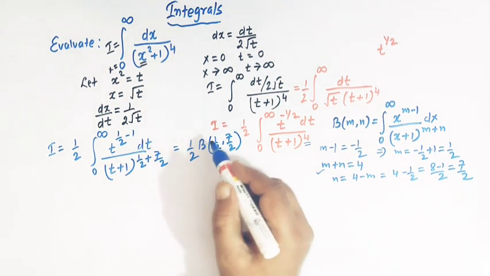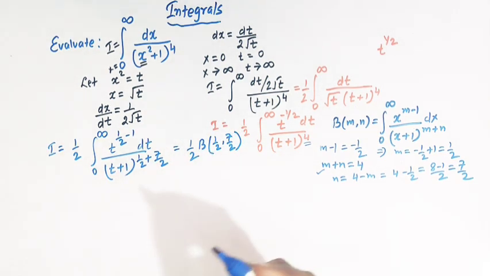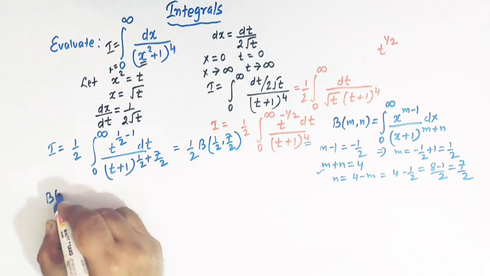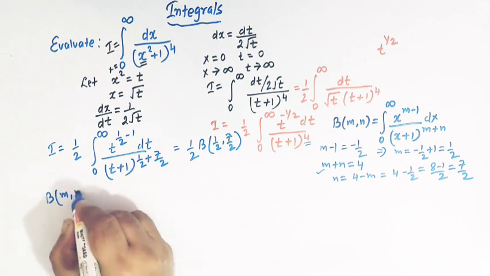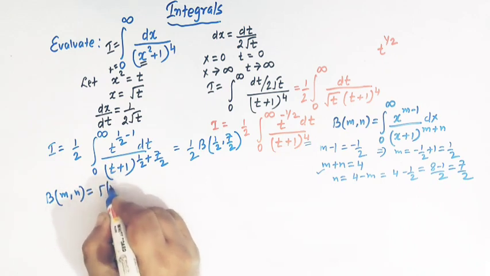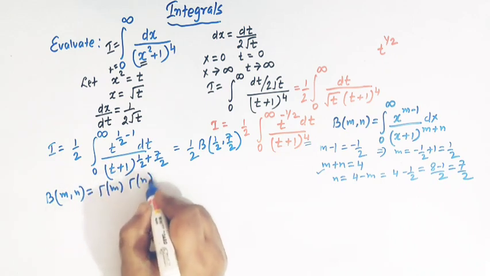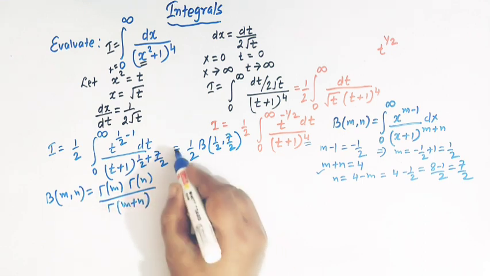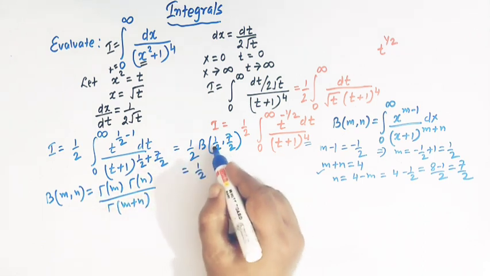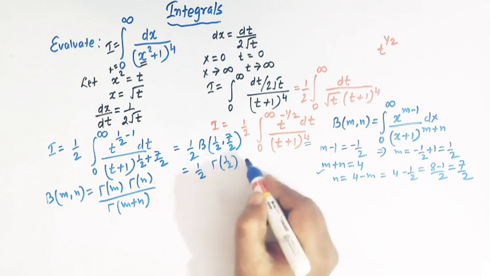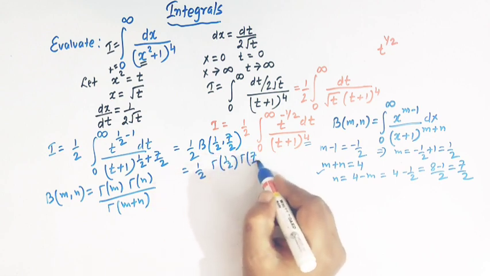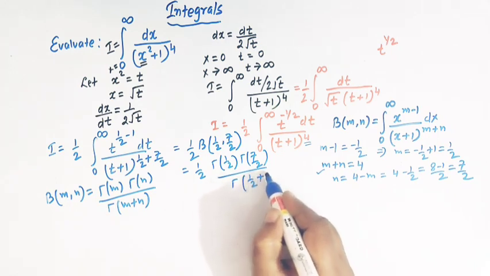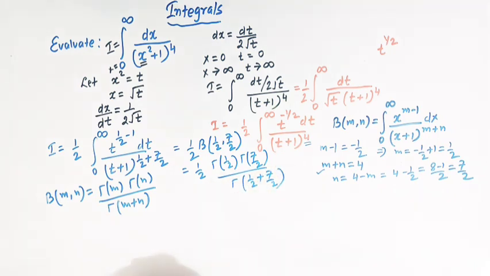So now we can express the beta function in terms of gamma function by utilizing this result, that is beta m comma n is gamma of m gamma of n divided by gamma of m plus n, right? So we can now write half. Here we have gamma of half, then we can write gamma of 7 over 2, and then we have gamma of half plus 7 over 2, right?